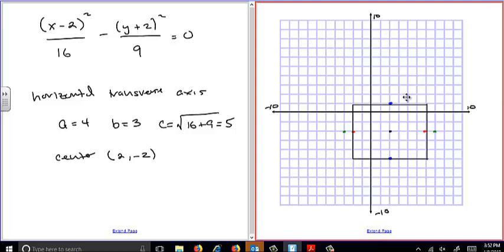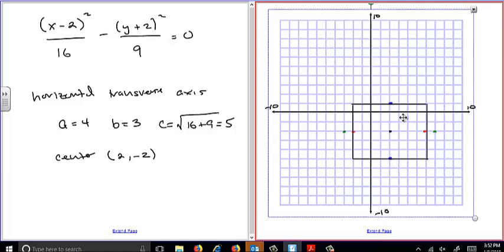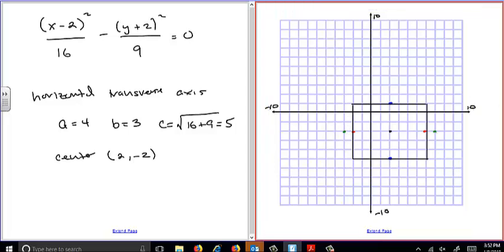Let me just shift this thing around a little bit. So that is the rectangle. Now with an ellipse, we draw it inside the rectangle, but for a hyperbola, we draw these diagonal lines through the corners of the opposite sides of this.